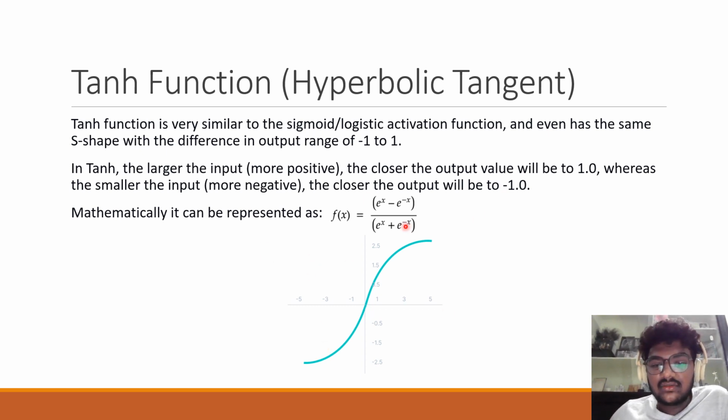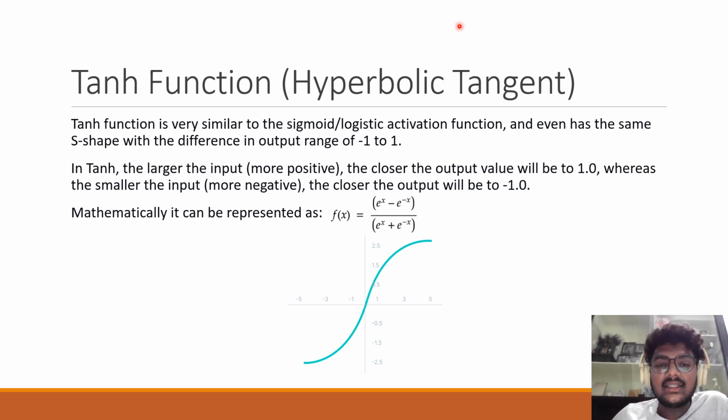The mathematical representation of the TanH function is this one, and this is the graphical representation of it. The advantage is that the negative inputs will be mapped strongly negative, and the zero inputs will be mapped near zero in the TanH graph.